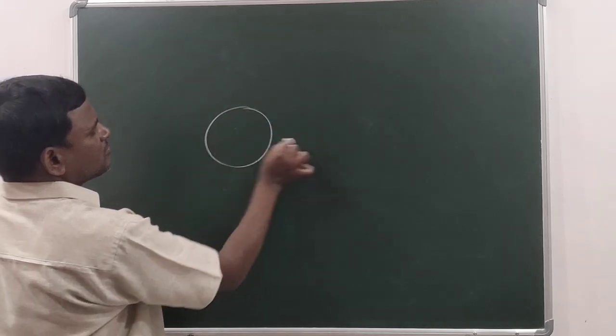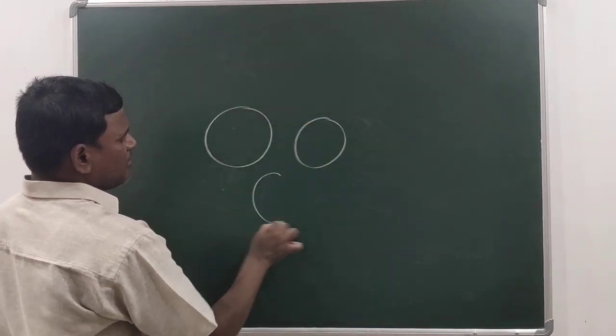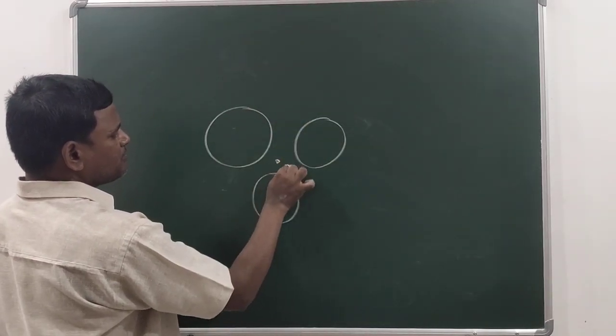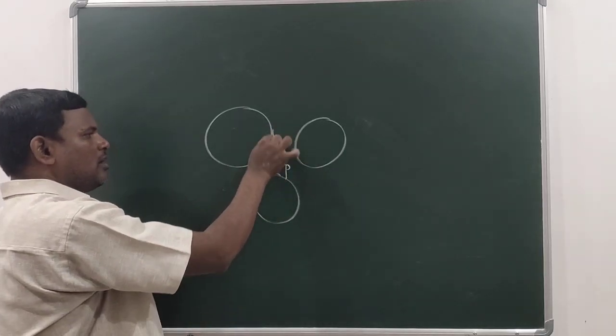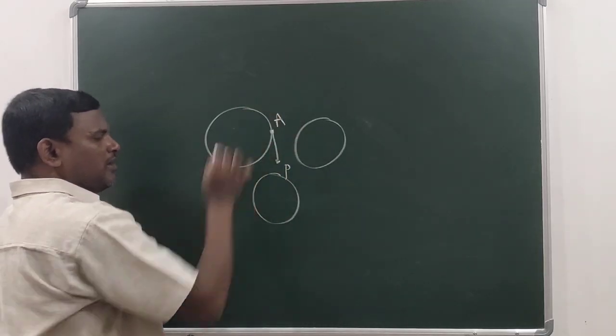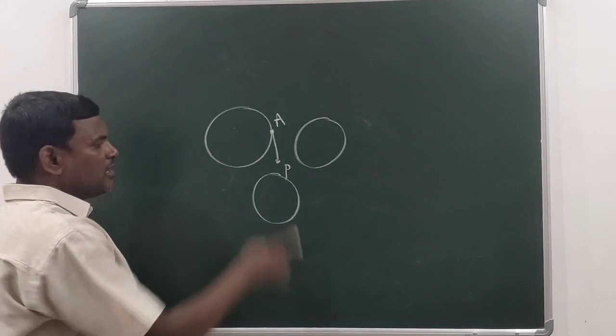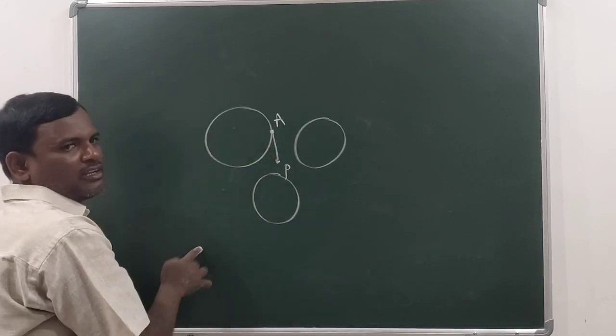See students, three circles whose radical center is P. This is a tangent drawn from the radical center to the first circle.